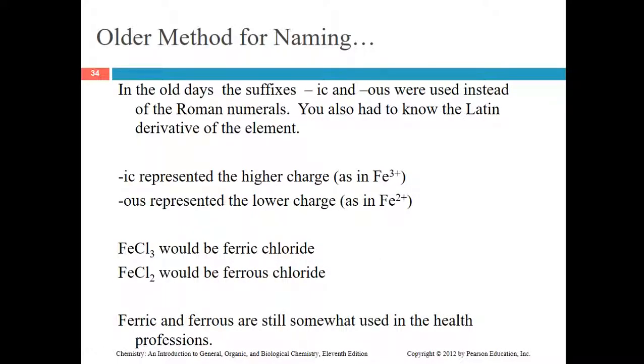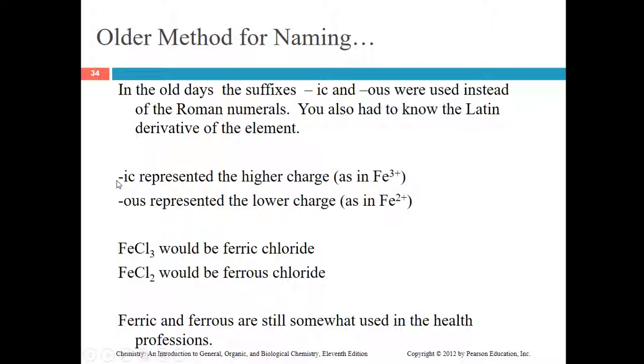Now in the olden days, they didn't use Roman numerals. And you may go, oh, well, that's good. No. You also needed to know Latin in order to do it. The -ic and the -ous: the -ic referred to the higher charge of a variable metal, and the -ous represented the lower charge.